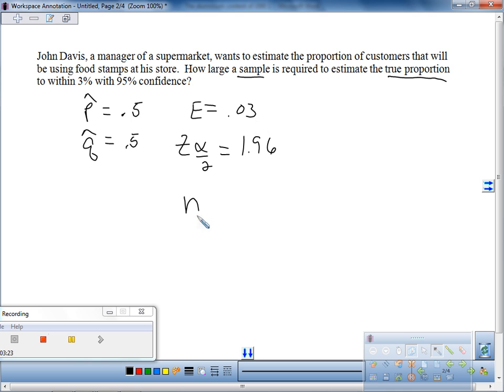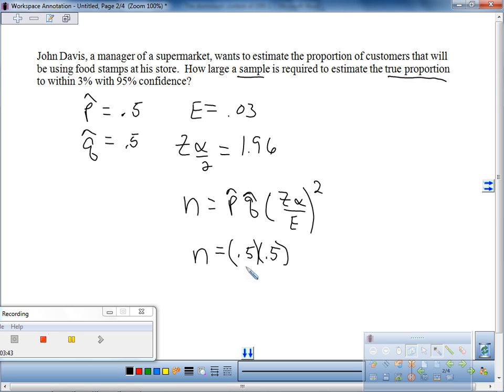We're going to use the same formula we used in the last problem, where we had p hat times q hat. So we'll plug in here, and we end up with 0.5 times 0.5. Now remember, these numbers are estimates. Anytime you're not given a proportion, we're going to estimate it to be half.